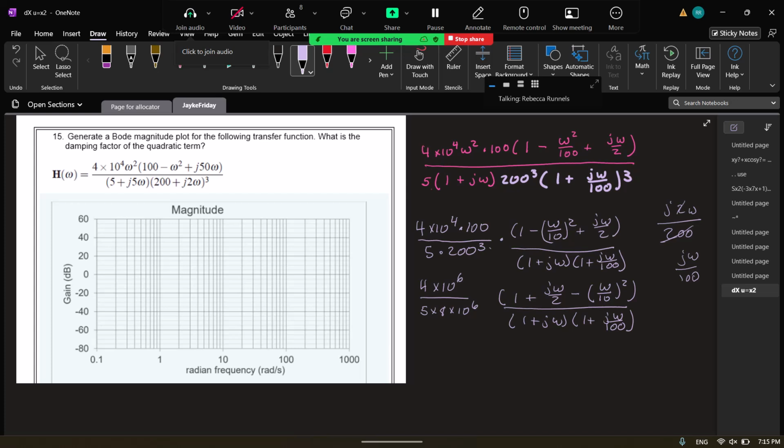So that's 4 over 40, so that's 1/10. So I think that ends up being 0.1.